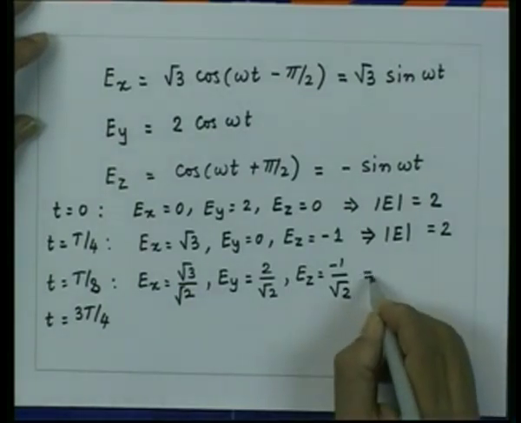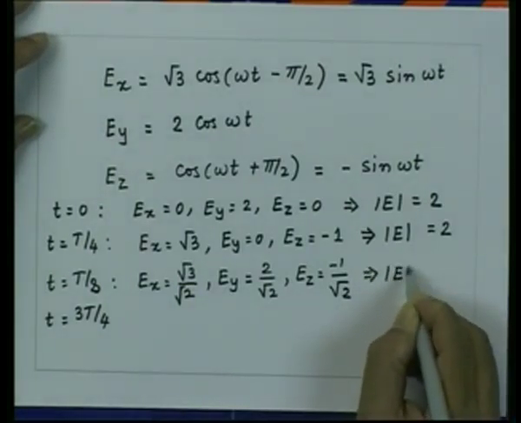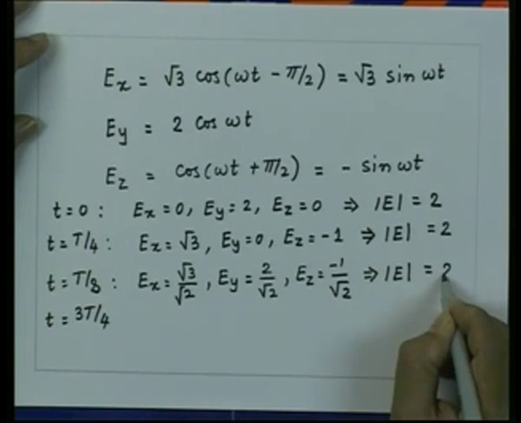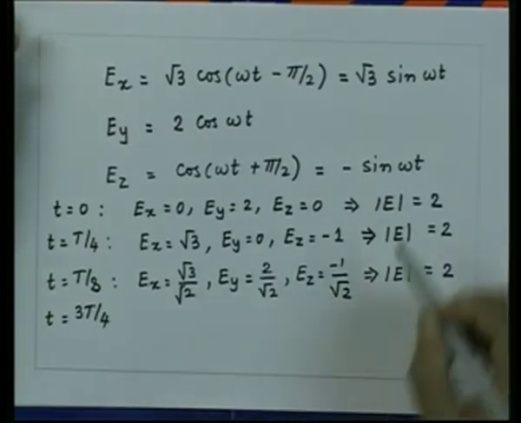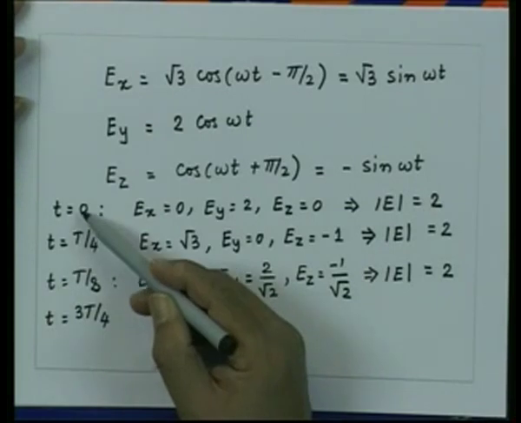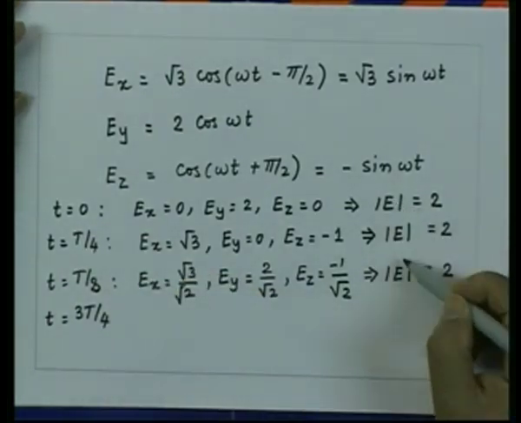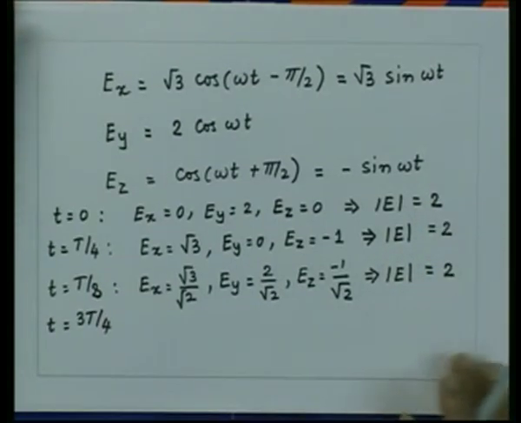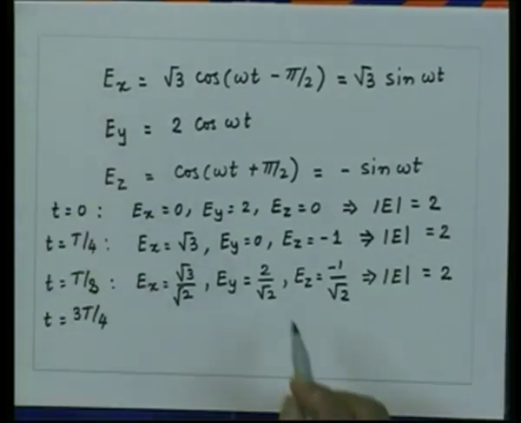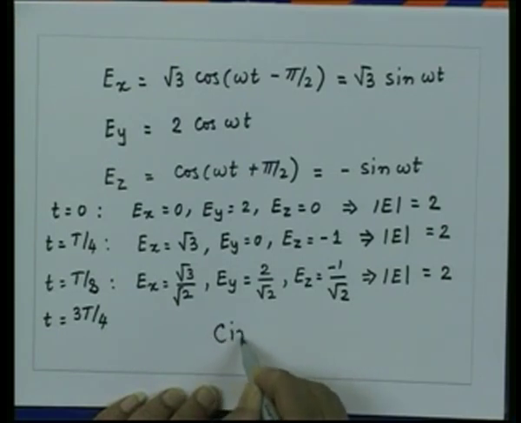Again, if we calculate the magnitude of the electric field, it will be equal to 2. So as the time varies from 0 to T by 8 to T by 4, the magnitude of the electric field remains constant, equal to 2. That means this wave represents a circularly polarized wave.